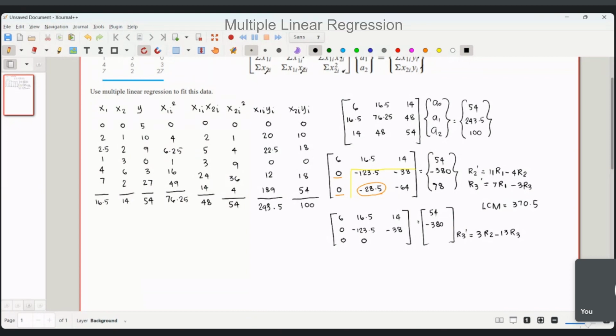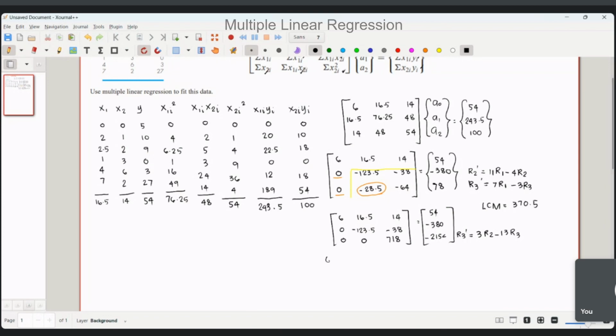That's 718. Yes, miss, correct. Okay. So for the other, we have negative 380 and 78. Negative 2154. Yes, miss. Okay.